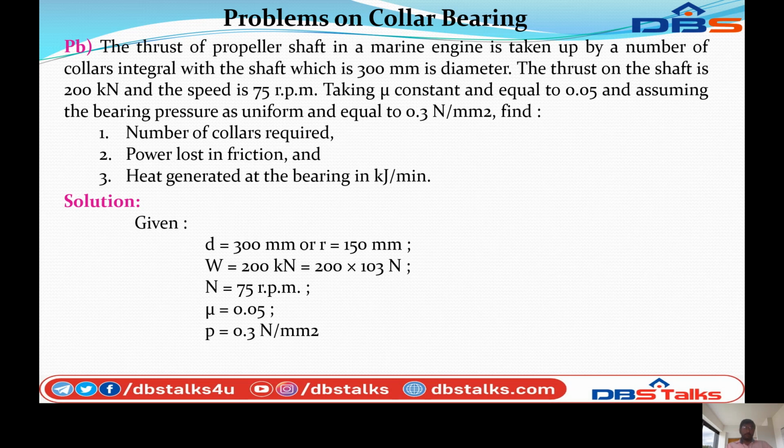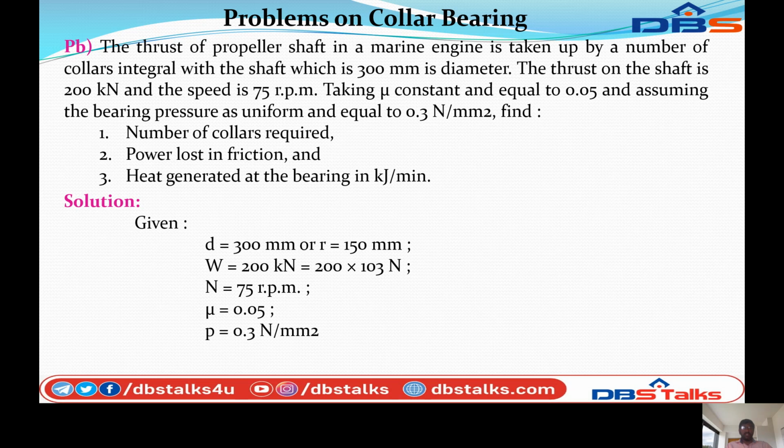So, next problem. The thrust of a propeller shaft in a marine engine is taken up by a number of collars integral with the shaft, which is 300 mm in diameter.